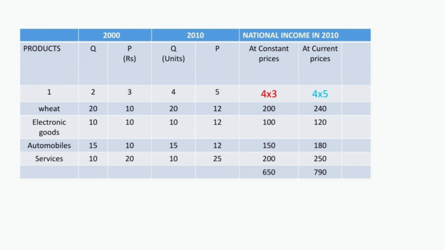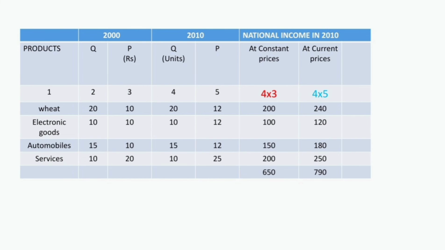So, what is the total national income at constant prices? It is 650. Price of the base year into quantity of the current year. We get 200 plus 100 plus 150 plus 200. It is 650 rupees. That is at constant prices, or real national income.